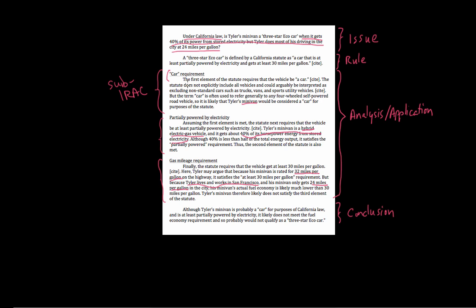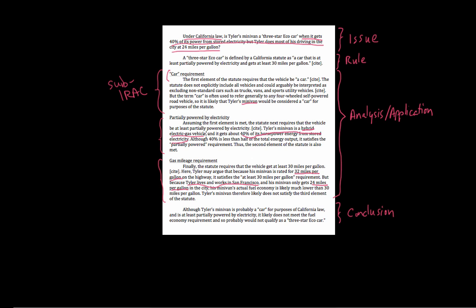This one says the first element of the statute requires that. That's a very helpful clause to begin our paragraph because it tells the reader, I'm now about to talk about one of several elements that we're going to have to address. You'll see that the first sentence of the next paragraph starts by saying, assuming the first element is met, the statute next requires that.